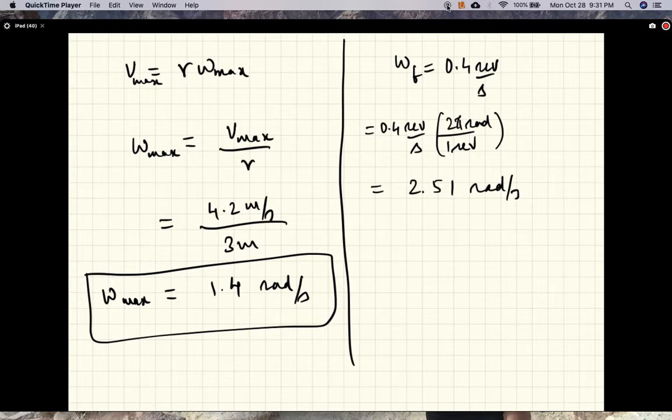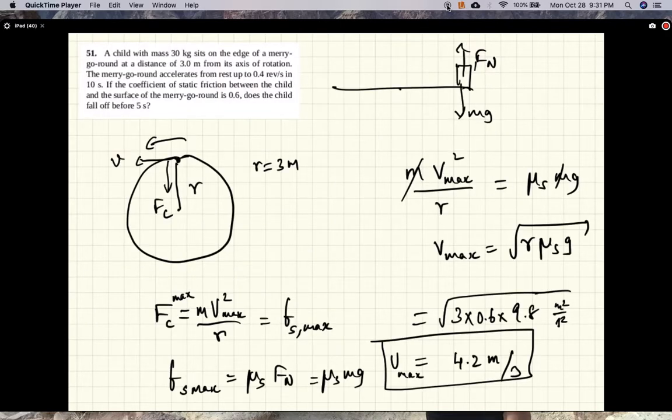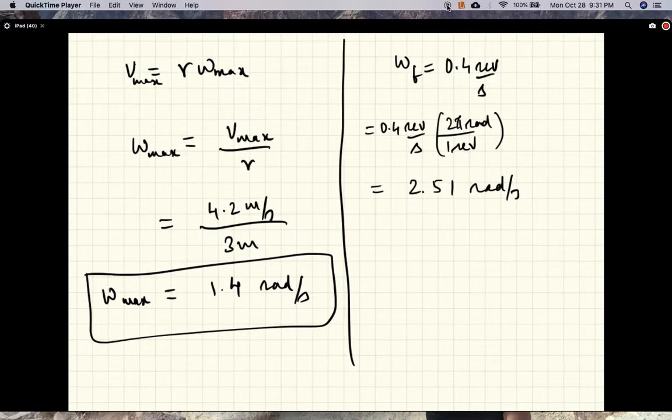All right, let's find the angular acceleration. Omega final is omega naught plus alpha t.